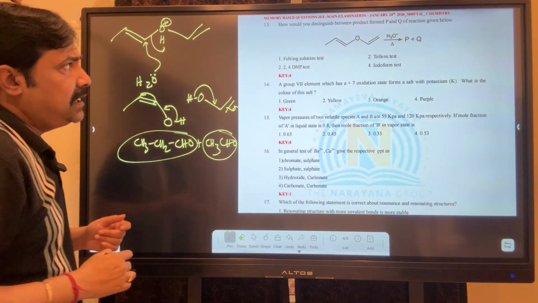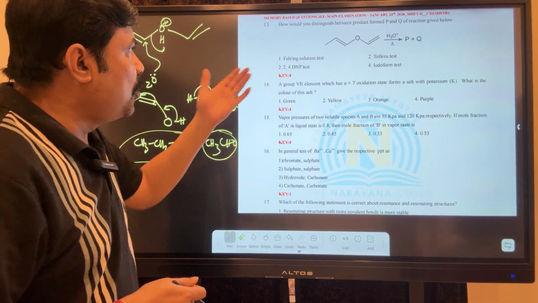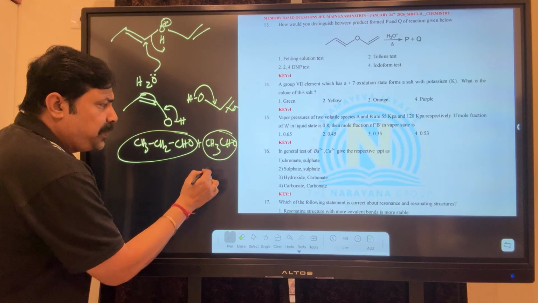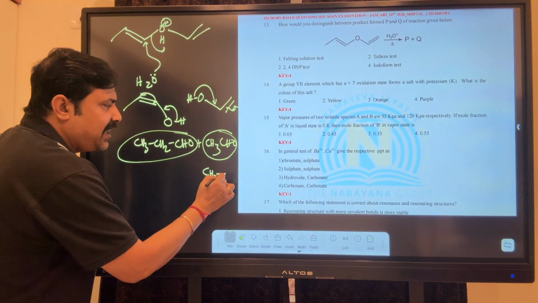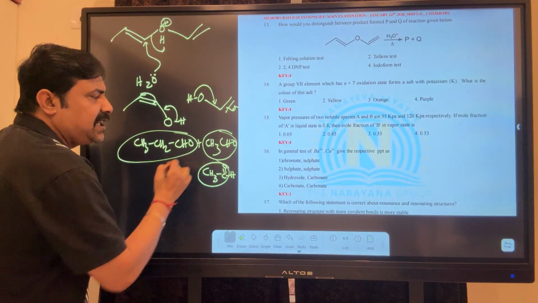Now both are aldehydes, both will respond to Fehling's test, both will respond to Tollens' test, both will give the 2,4-DNP test, but here a keto methyl group is present, my dear student. This group is called a keto methyl group.